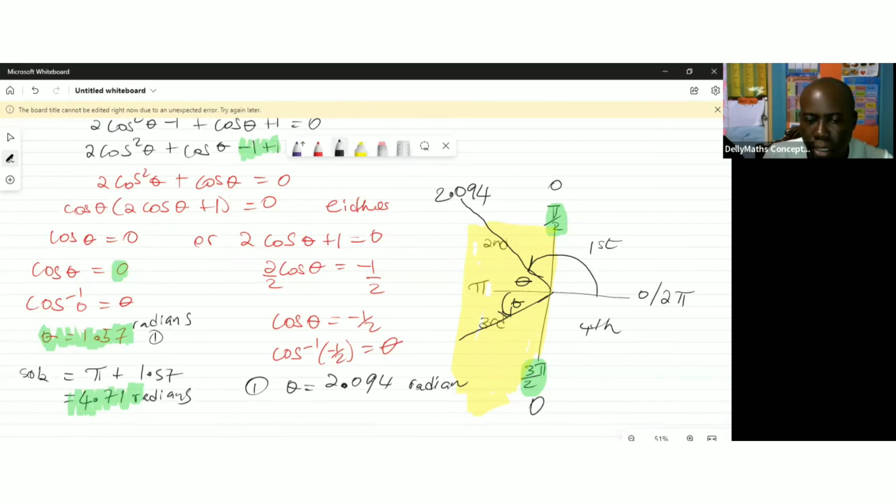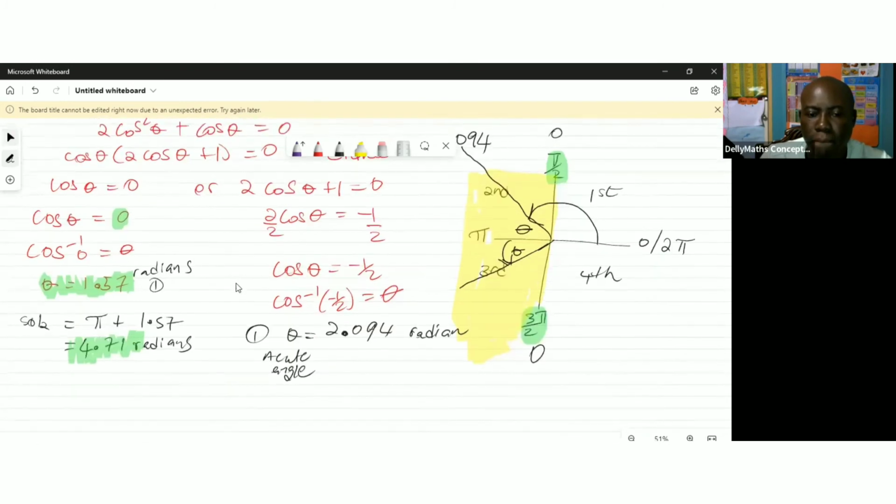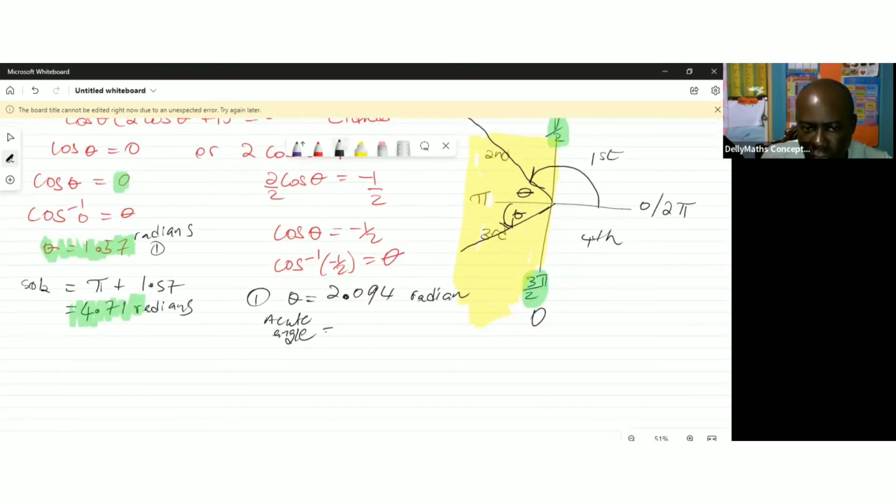So let's find that acute angle that we would need.